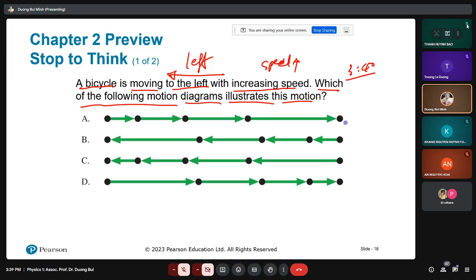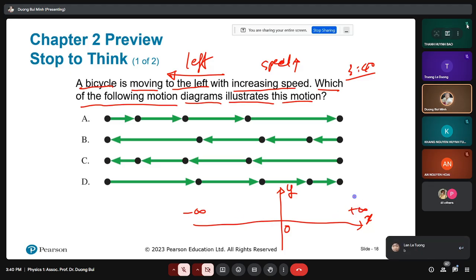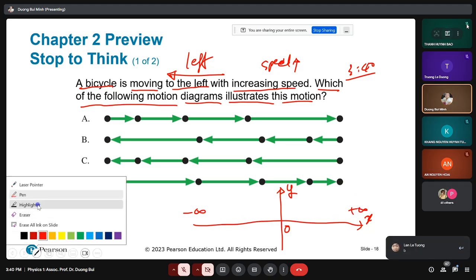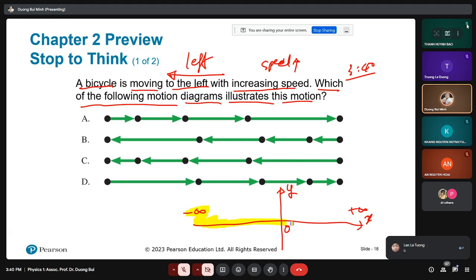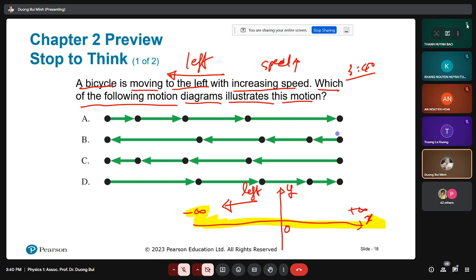Okay, time's up. So we need to analyze. Again, we need a coordinate, an xy coordinate. This is the origin, this is minus infinity, this is positive infinity. Now you know the bicycle is coming to the left, so that means in this direction, right? So we ignore this one.